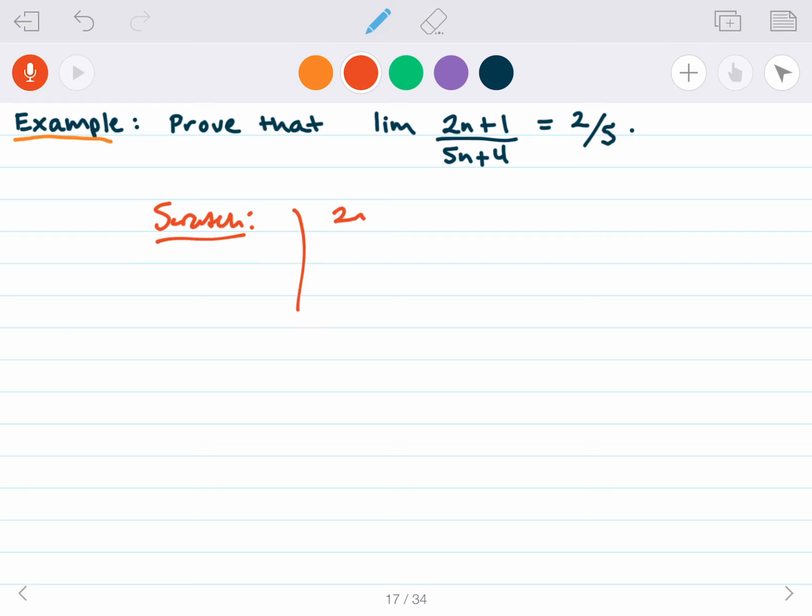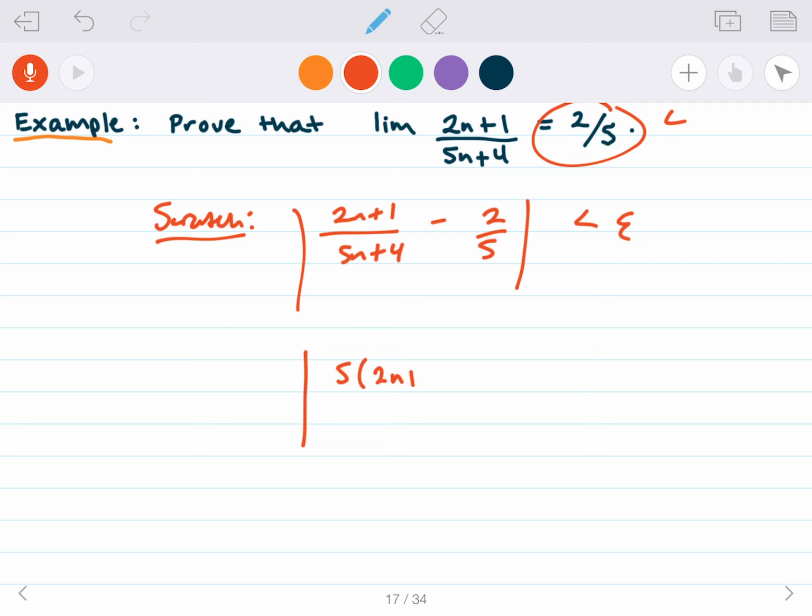Sequence minus limit. Here's the limit. Less than epsilon. Okay, do the thing. So subtracting on the inside is going to give us 5 times 2n plus 1 minus 2 times 5n plus 4, all over 5 times 5n plus 4.